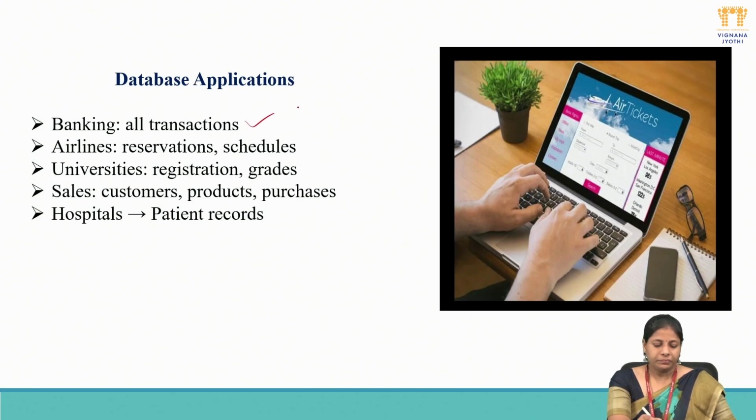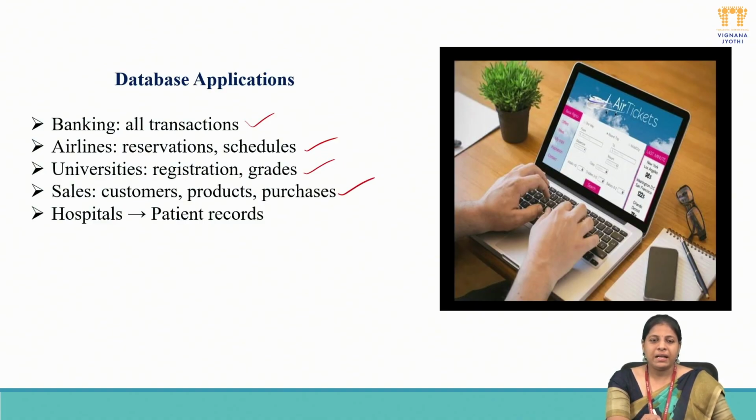database. Next, airlines. By using the airlines online system, if a particular person books a ticket, the database will store the contact details for that person and the flight schedules. Universities maintain the data regarding student information like registration and grades.